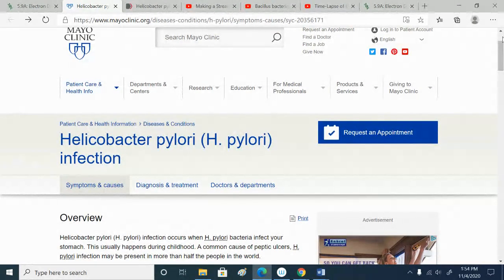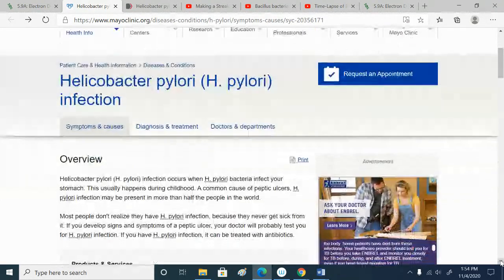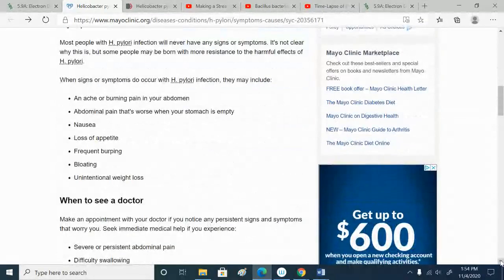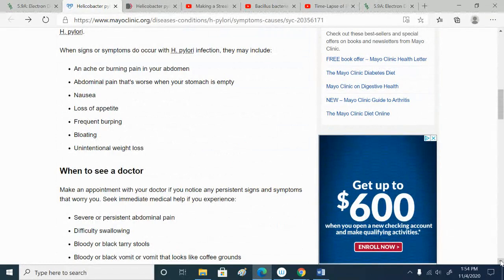And what were some of the problems they went on to experience? Ulcers, right? And then severe cases of stomach cancer. So a common cause of ulcers is Helicobacter pylori infection.